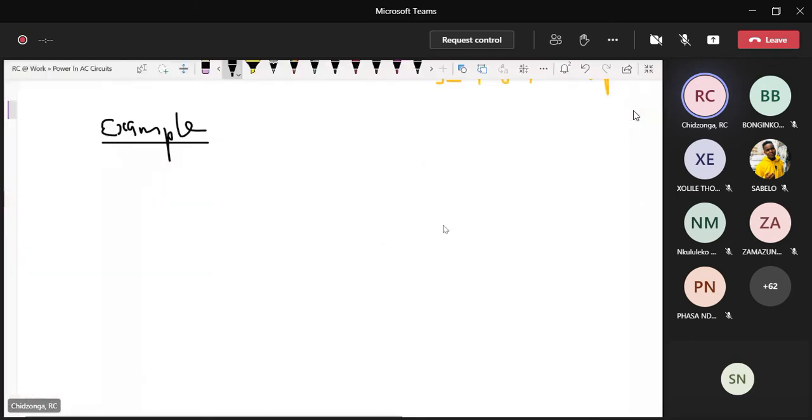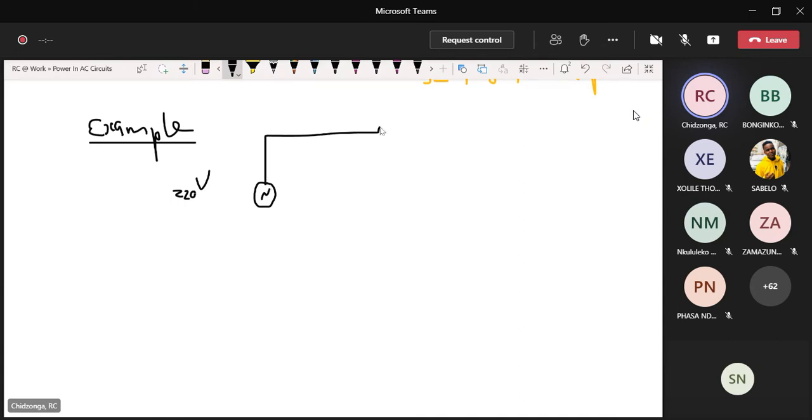Okay, still sharing. Now, let's say this is a circuit. The voltage here, I'm just saying, is 220 volts. Then there is a resistor, let's say 20 ohms.